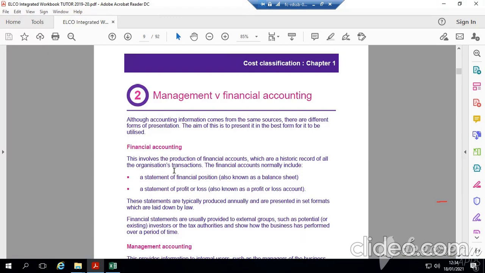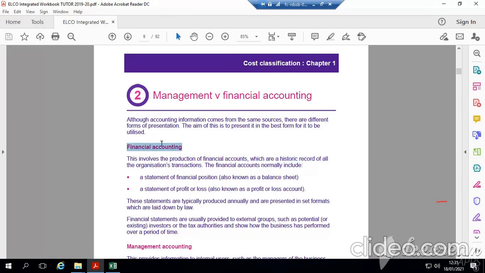For example, as I explained, financial accounting involves the production of the financial accounts, which deal with the historical record of the organization and its transactions.